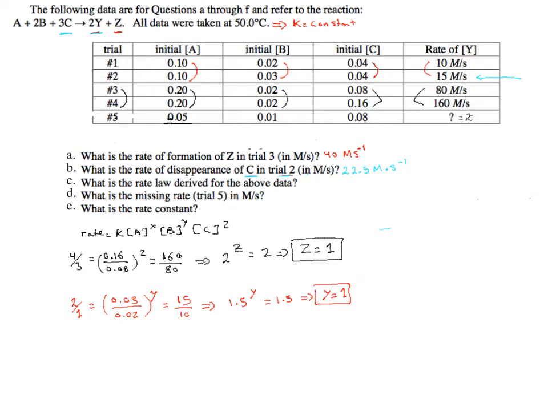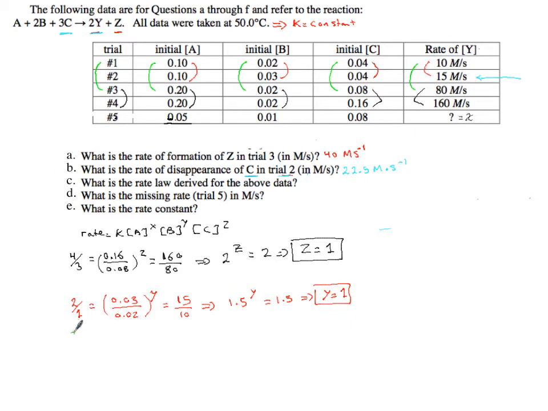Finally, we have one other variable. Let's go after A, and this time I go after experiment 3 versus experiment 1. A is changing, B goes away, C is changing, but I know the exponent, so we can plug it in.